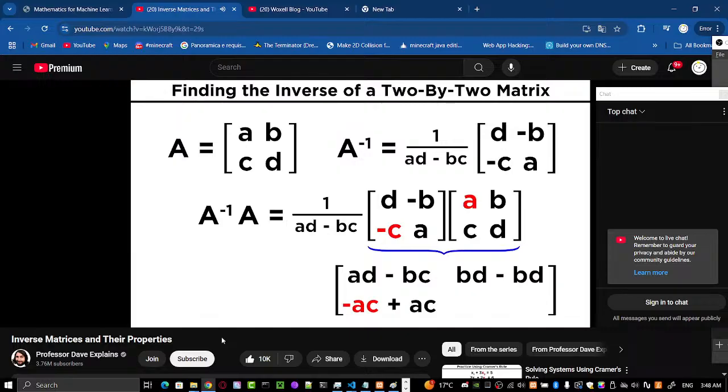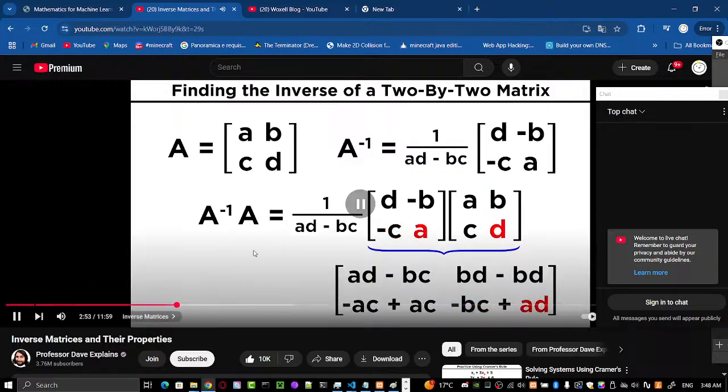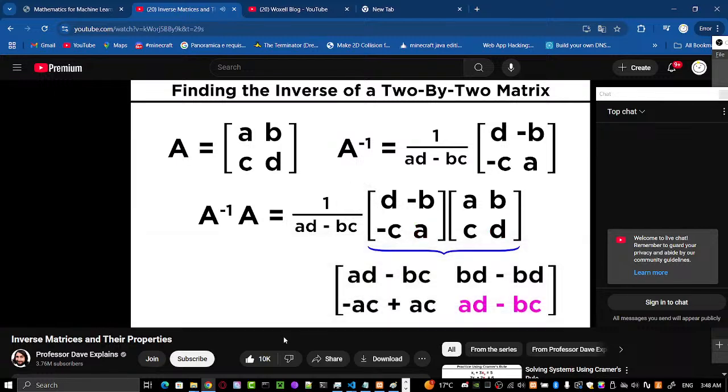Then moving down a row, we get -AC plus AC. And for the last entry, -BC plus AD. Man, that makes sense. These two already cancel out, and then we simply put 1 divided by this, and we basically have 1, or AD minus BC. The upper right and lower left terms clearly become 0, leaving us with this.